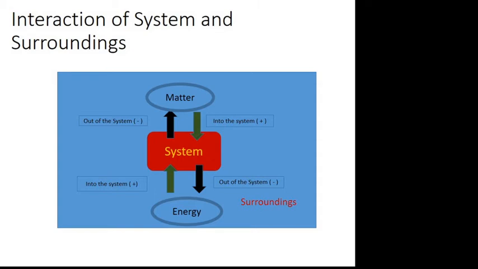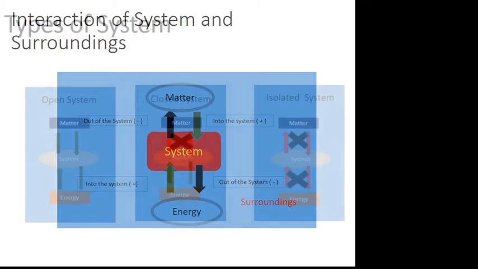Anything which comes out of the system will be represented by a negative sign, that is, the system loses it. If matter comes out, the system is losing it, or if energy comes out, it is losing it. Therefore we denote it by negative. Loss we denote by negative, and gain we denote by positive. This is very important. You have to remember this always.